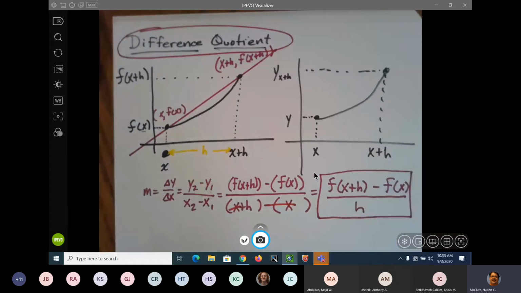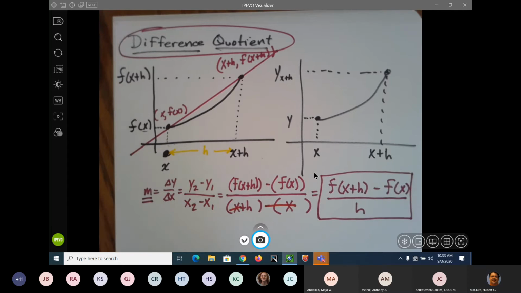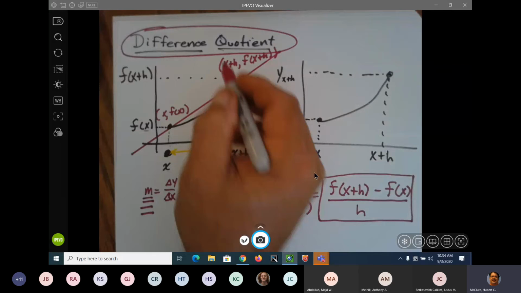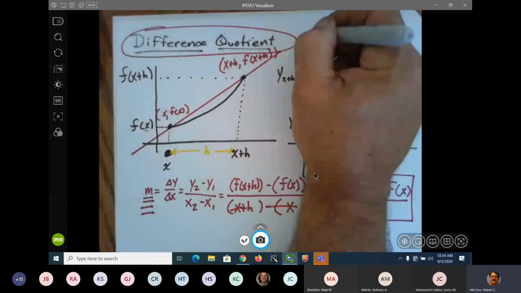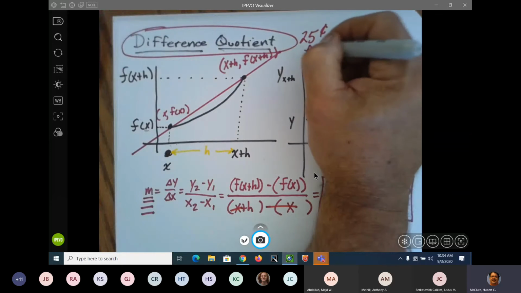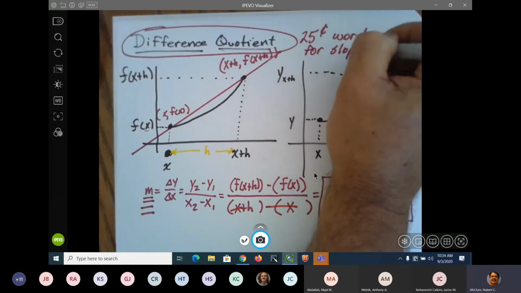So I want somebody to tell me what is a layman's redneck term for difference quotient. Slope. The slope. So the difference quotient is a 25-cent word for slope.